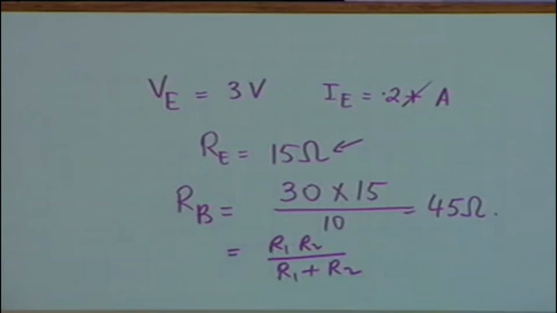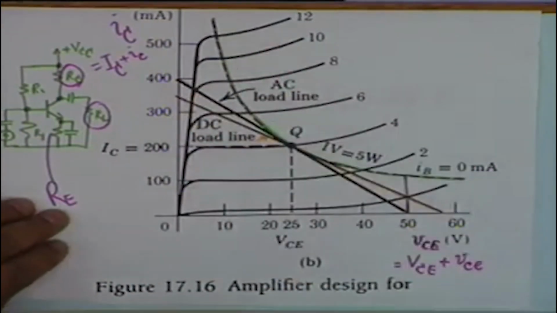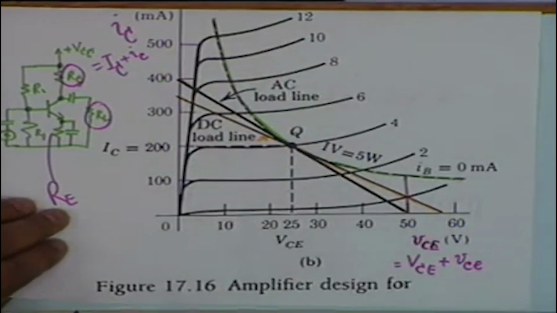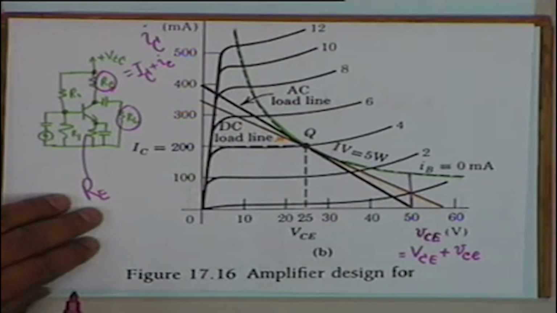And the other equation would be determined in terms of VBB. But to determine VBB, we must first find out VCC. What is the power supply needed? This characteristic curve gives no idea about the power supply that is needed. Does it? Or does it not?